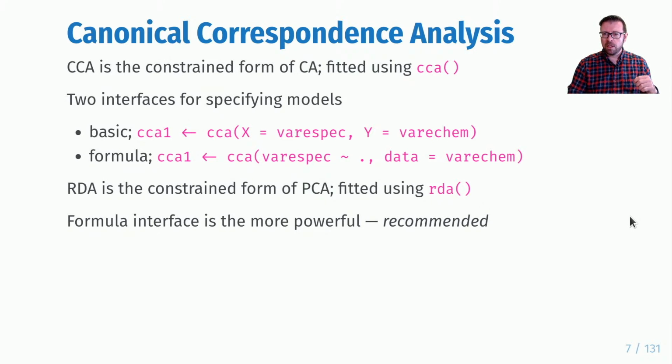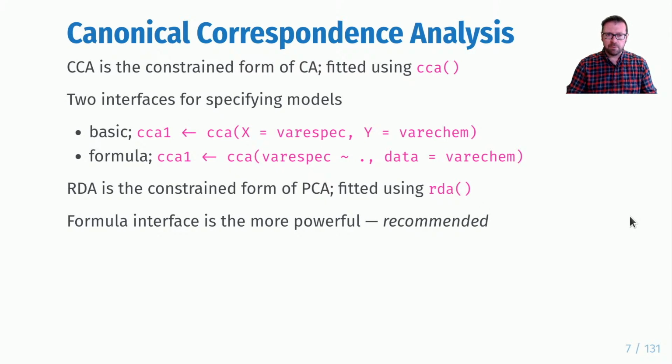It will only find axes that can be explained by your environmental data. The fancy way of saying that is that it finds axes that are linear combinations of the environmental data. Rather than in CA, the unconstrained form, where we find linear combinations of the species, these latent variables. In CCA, the axes that we form have to be explainable by the environmental data that we collected.